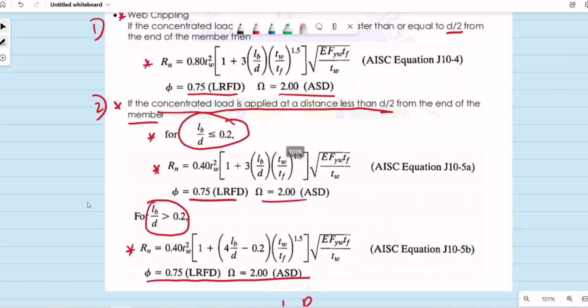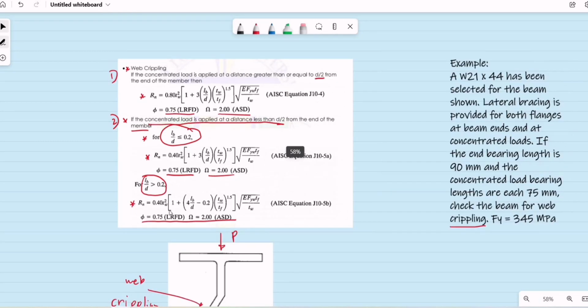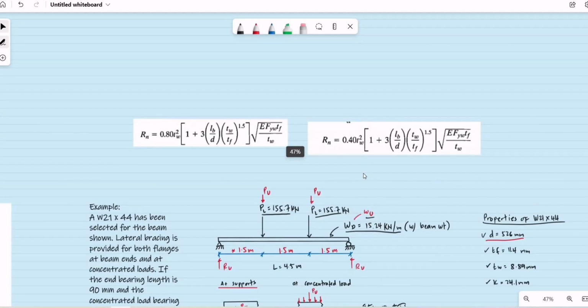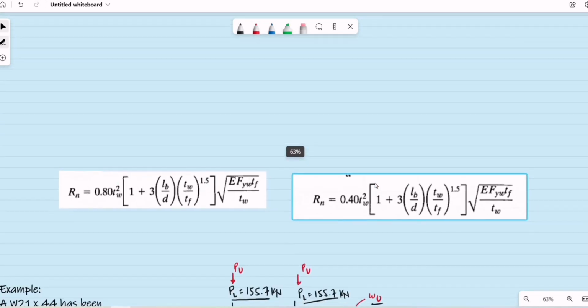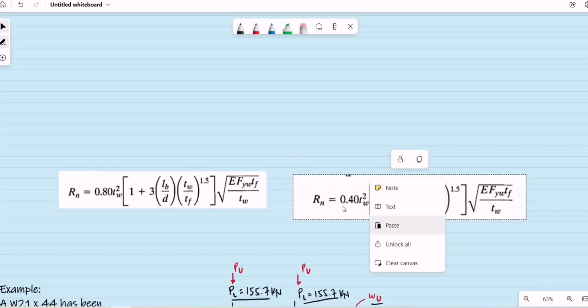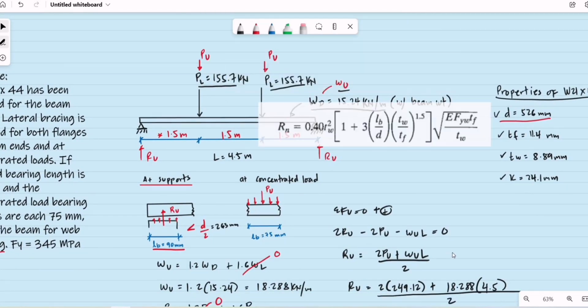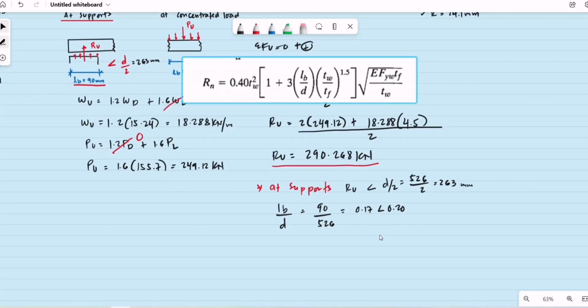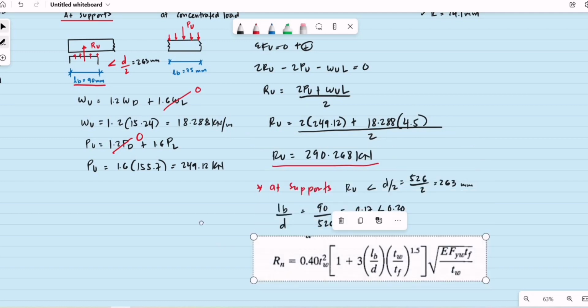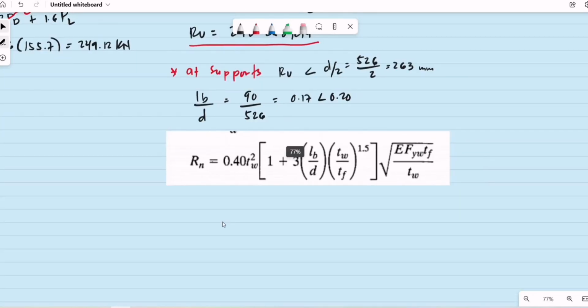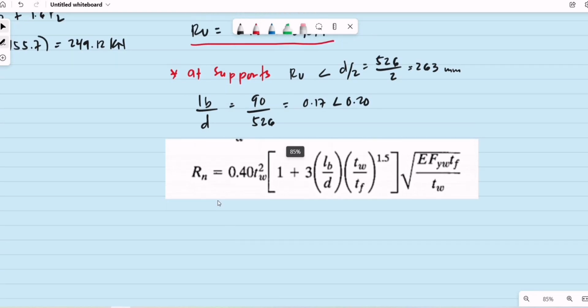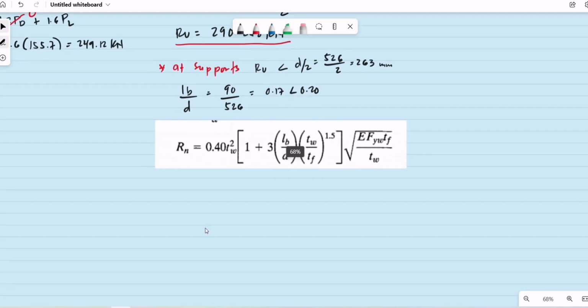R sub n is equal to 0.40 t sub w squared, then multiplied by the square root of this value. This expression is applicable for the support reaction. So what we have to do now is substitute.